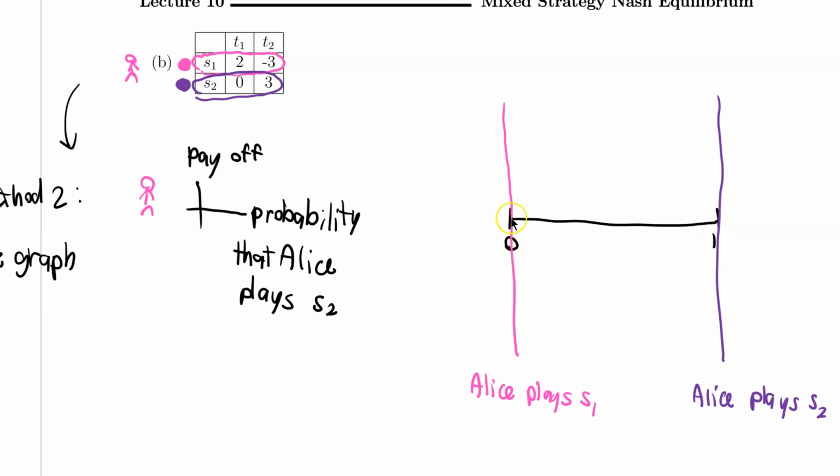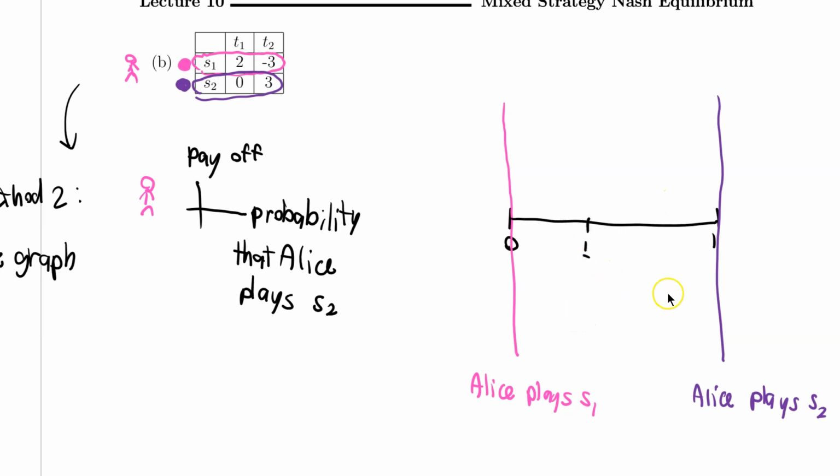If x is 0, that means Alice plays the pink row for sure. If x is 1, that means Alice plays the bottom row for sure. So for anything in between, for example, if Alice plays 1/2 here, that means Alice plays the top row with probability 1/2, and the bottom row with probability 1/2. So that's what the x value means. Let's say if I move this a little bit, let's say it's 1/3.